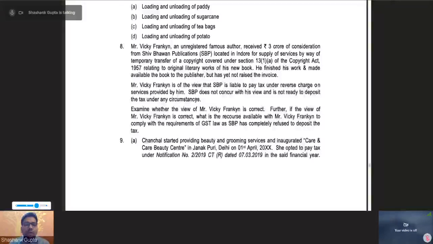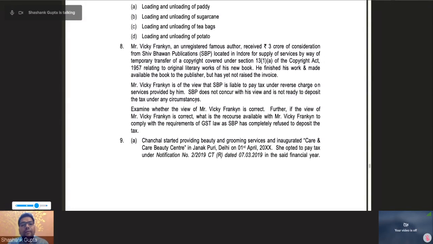He finished his work and made available the book to the publisher, but has not yet raised the invoice. Mr. Vicky Franklin is of the view that SBP is liable to pay tax under reverse charge on services provided by him. SBP does not concur with his view and is not ready to deposit the tax under any circumstances.